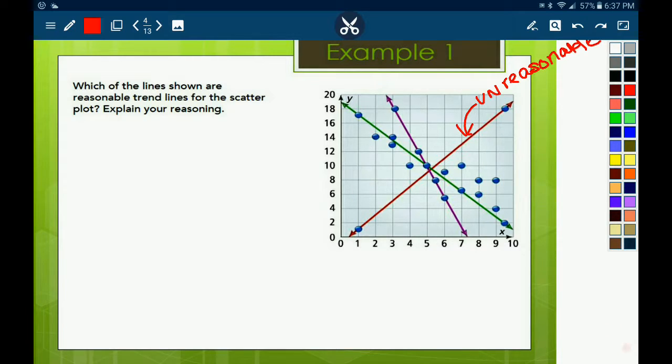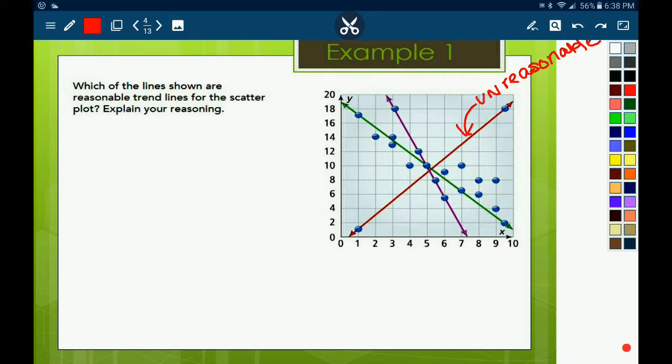Now, the green line is definitely a reasonable one, and so is the purple one, but I would say the green one is the most reasonable line, because with the purple, we get what I like to call a bow tie effect. Okay, so I see some points below over here, I see some points above, but the ones that are below are really far to the left, and the ones that are above are really far to the right, creating this kind of bow tie shape.